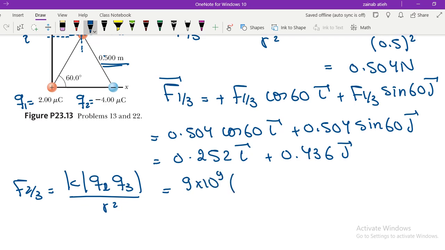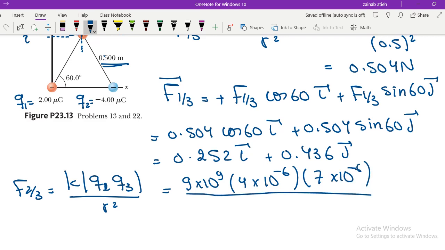Q2 is negative, remove the minus sign, no need for the minus sign, you are using an absolute value. So 4 times 10 to the power minus 6. Q3 is 7, so 7 times 10 to the power minus 6, over the distance between them, 0.5 squared. Calculating this, you will get 1.008 Newton. After I get the magnitude I have to draw it. Let's draw it.